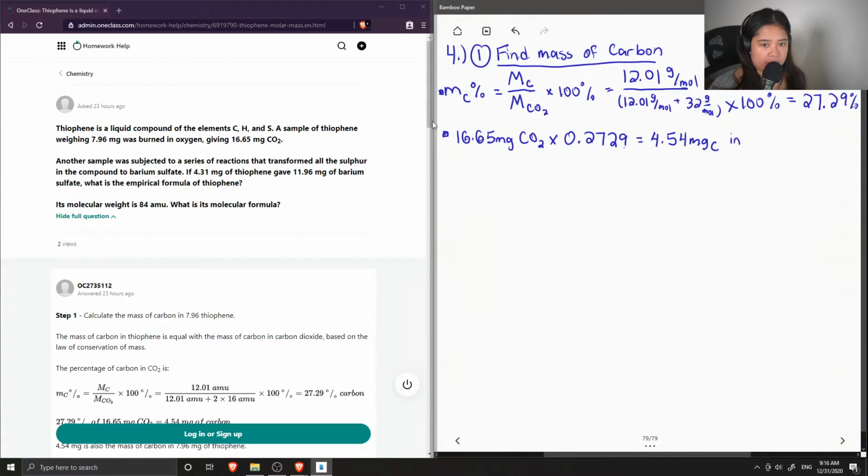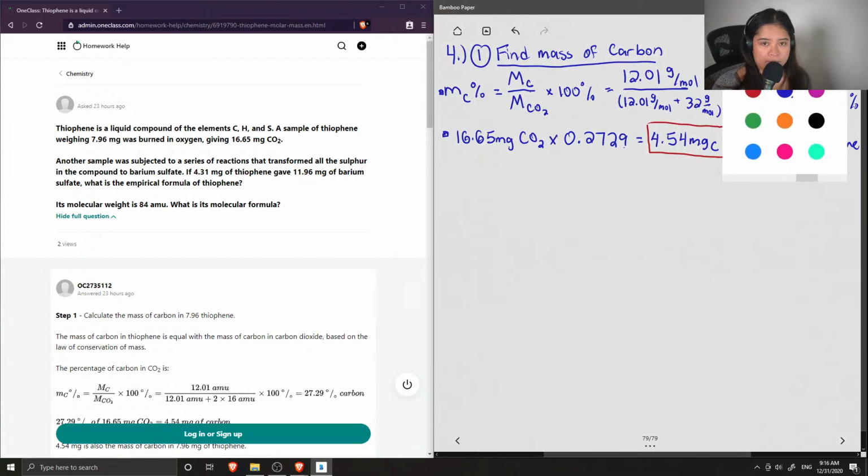And to specify, this was in 7.96 milligrams of thiophene. Okay, so we have the mass of carbon.